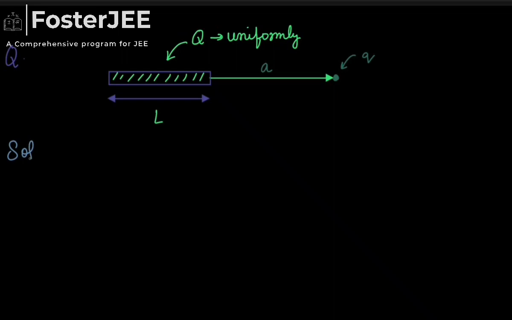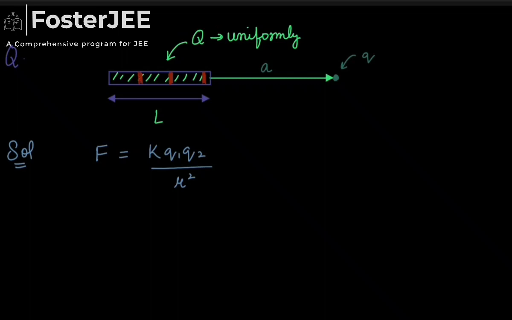Now, solution. The force of electrostatics will be K Q1 Q2 upon r square, where r is the distance between two charges. Now, immediately a doubt arises that if this charge is uniformly distributed over its length, then this part will have some charge, and this part also has some charge, this part also has some charge.